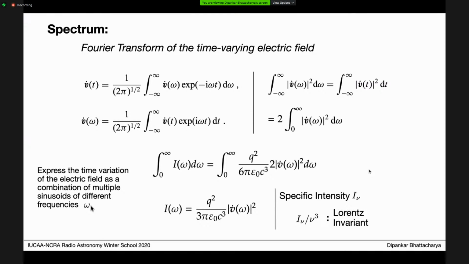So a large number of combinations of sin omega t, cos omega t kind of variations, which together can be written as e to the power of i omega t. So we want to express the time variation of the electric field as a combination of different values of e to the power of i omega t type variations.